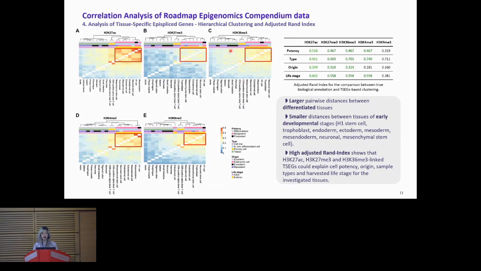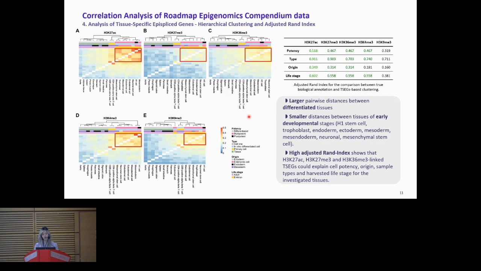And on the other side, we have all the differentiated cells clustered together, signifying that they do not share that many episplicings altogether. And again, we want to look at whether this clustering would somehow match the true annotation. We specifically want to look at 4 aspects that describe a cell.